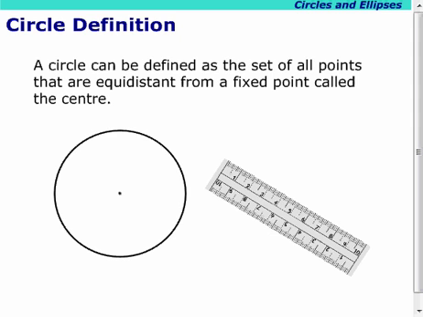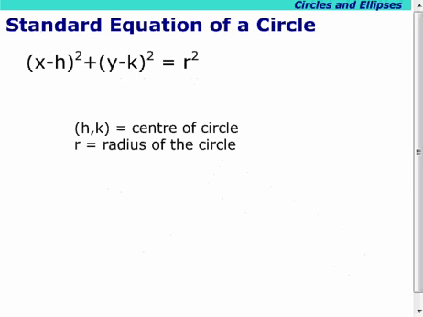So it's a set of all points, I'll put some points along the outside here, that remain an exact distance away from a fixed point called the center. Now, we can look at the equation of a circle as a way of defining how far away from that center point the set of points are.